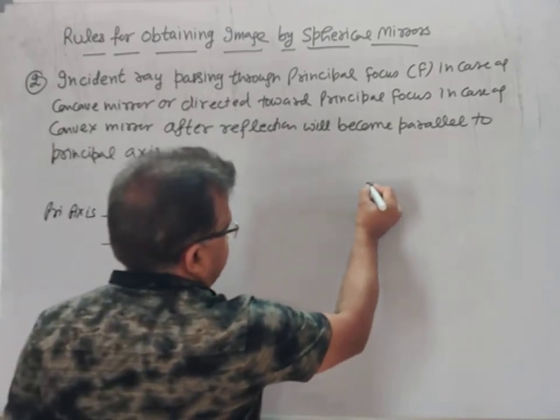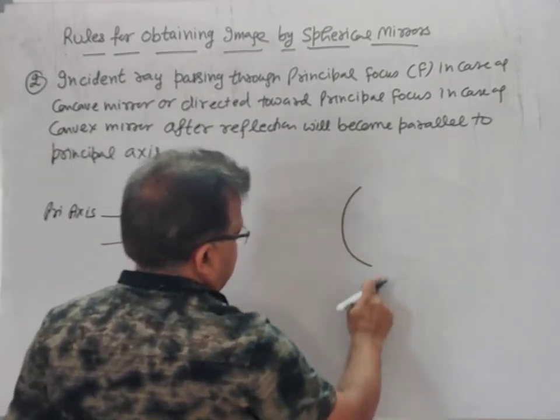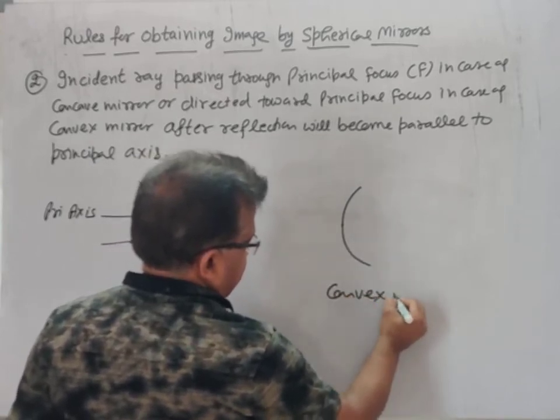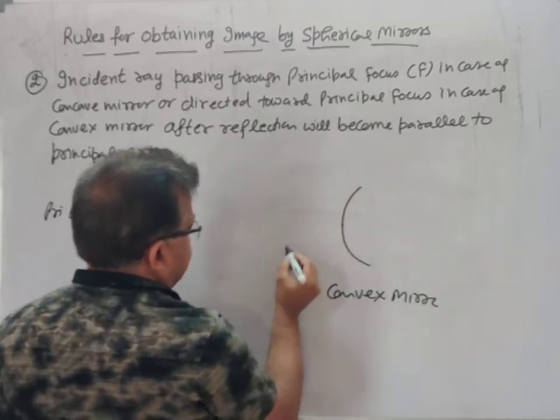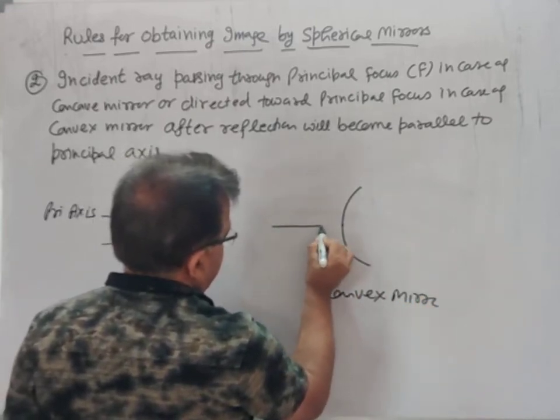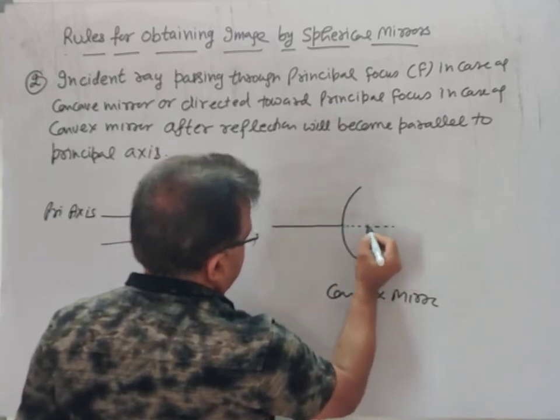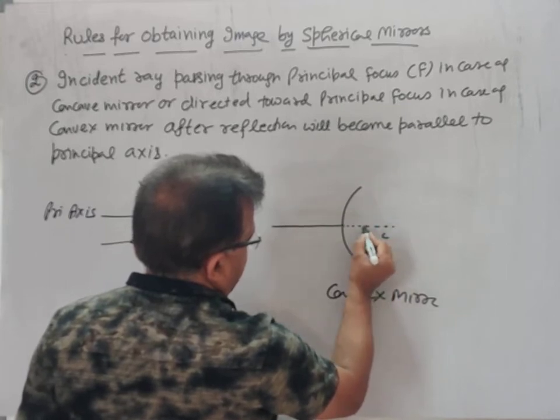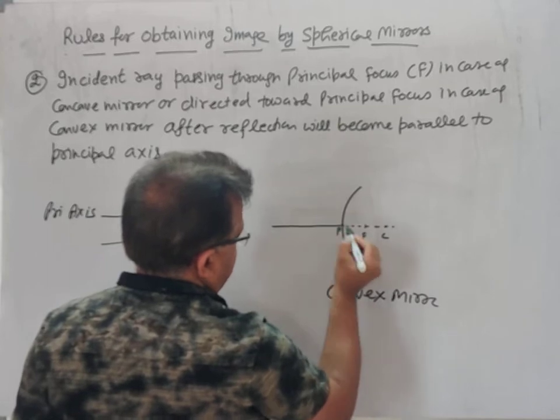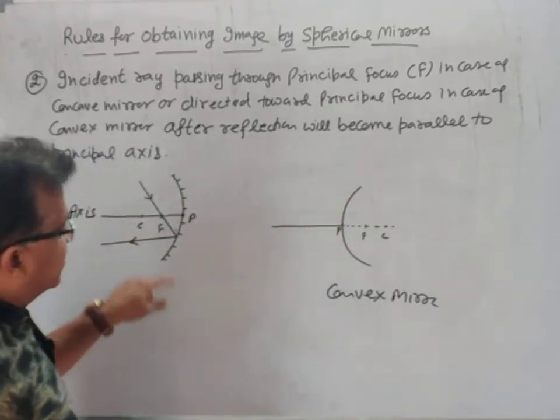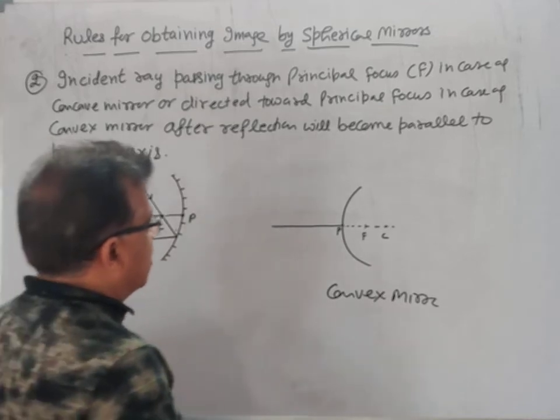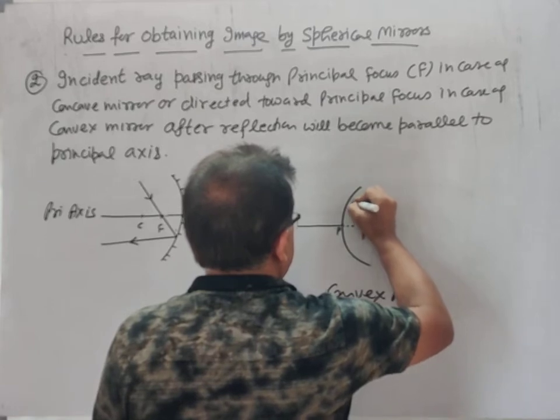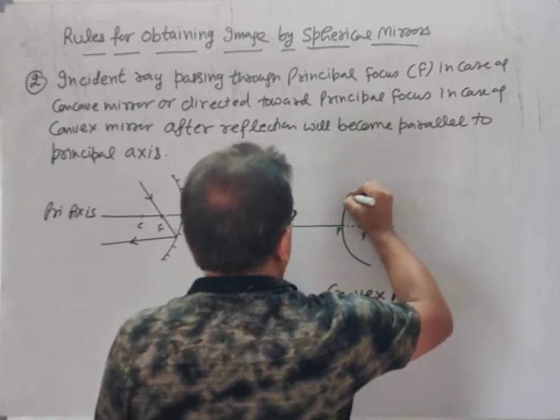In case of convex mirror, it is P, and if it is C, then the middle point is F. Now in this case, what I am saying is directed towards. Let the ray coming be like this.